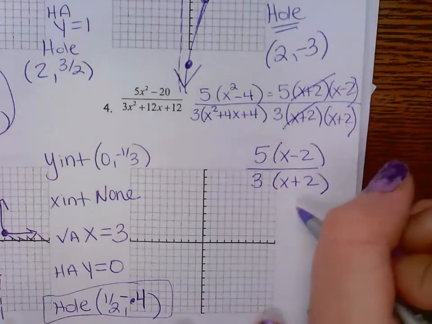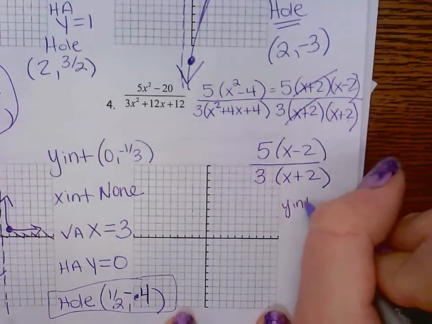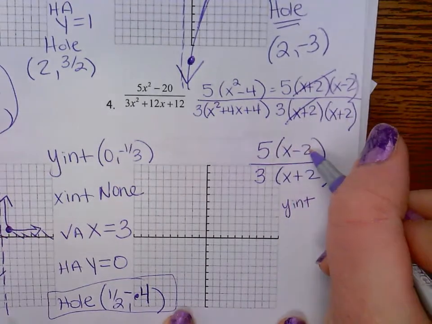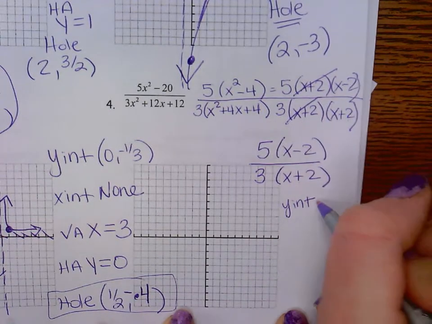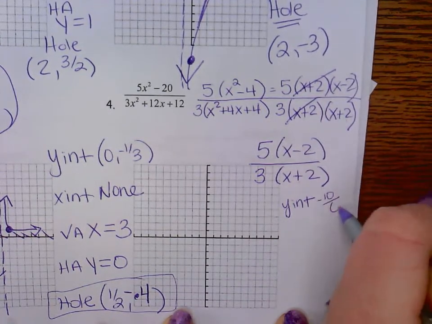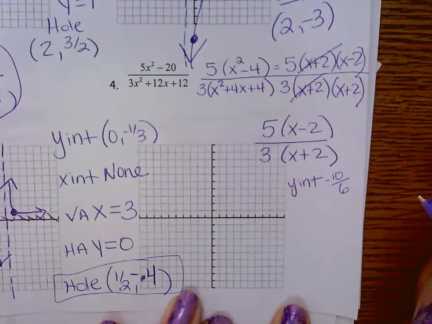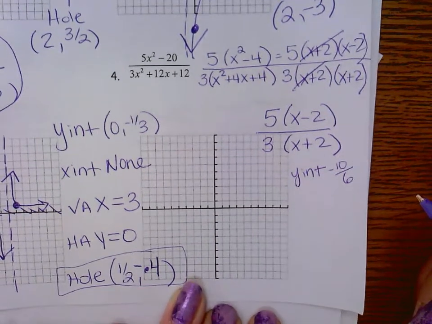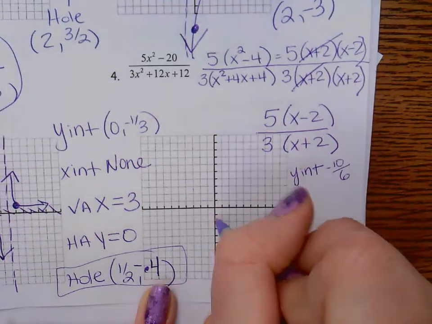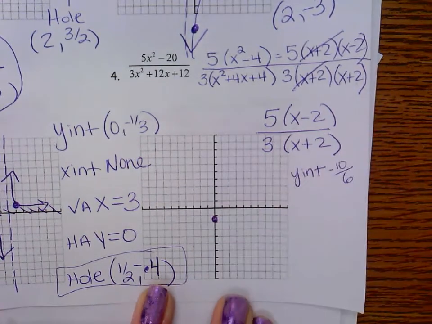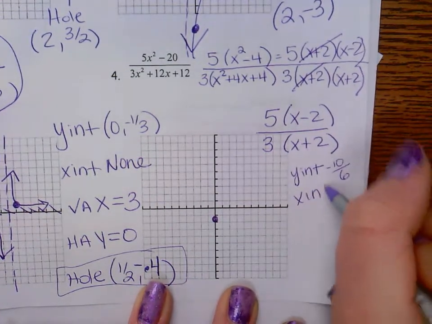Let's see. Y-intercept, -10, 6. -10, 6 is less than 2, right? X-intercept is at 2.